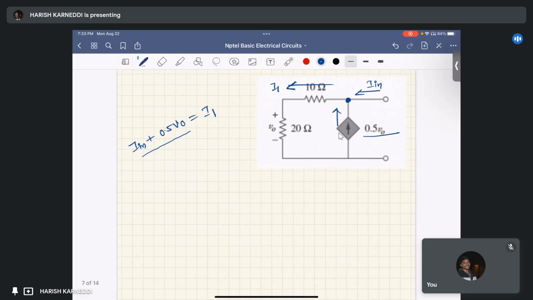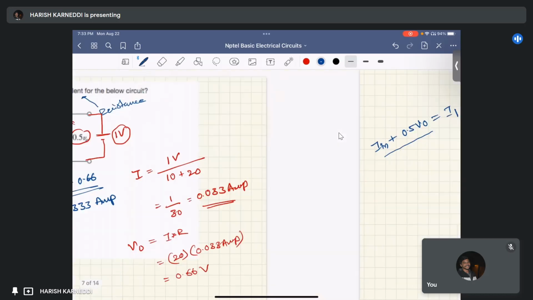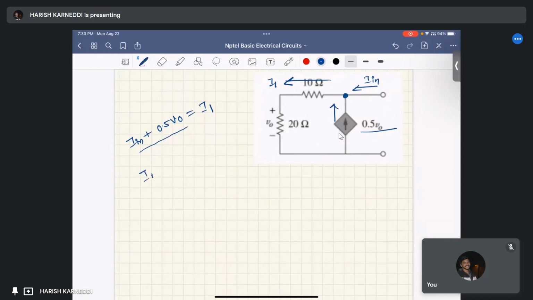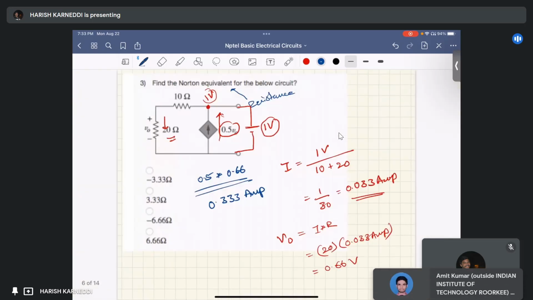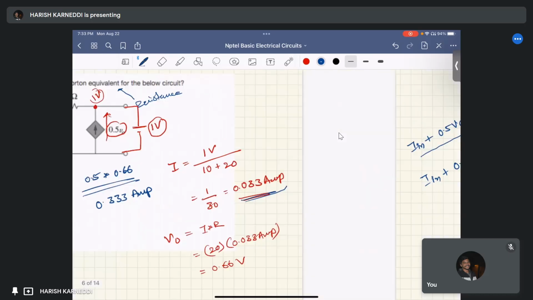So I in plus 0.5 V0, which we just calculated as 0.333, equals I1. What is the value of I1? I1 we just calculated, that is 0.033 amperes.